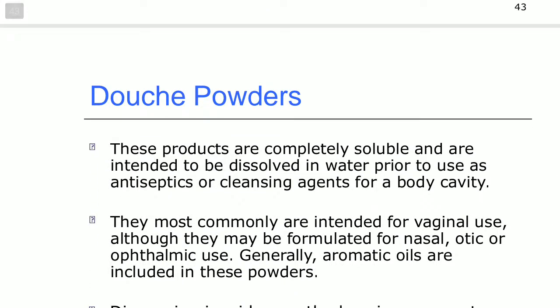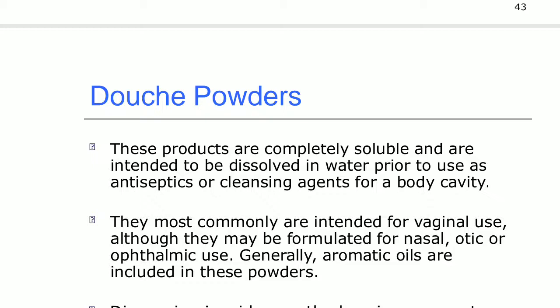Then the Dutch powders. These products are completely soluble and are intended to be dissolved in water prior to use as antiseptics or cleansing agents for a body cavity. They most commonly are intended for vaginal use, although they may be formulated for nasal, otic, or ophthalmic use.